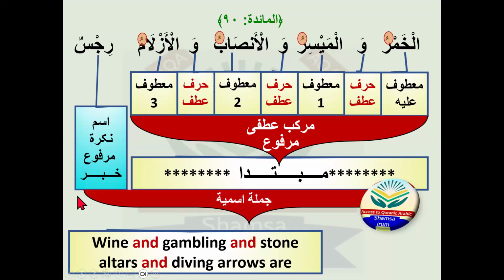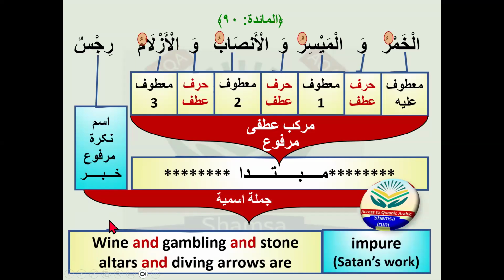Translation is wine and gambling and stone altars and diving arrows are impure, Satan's work, Shaitan's work. So this whole one is a mubtada, and then the predicate is impure. It means the khabar about this mubtada is that all these works are impure. They are the Satan's work.